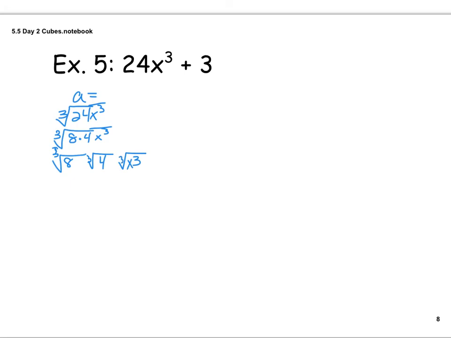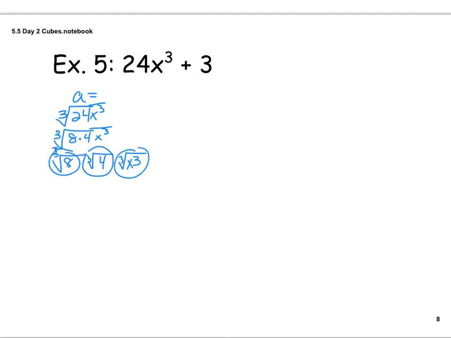All right, so what I'm going to do is leave that cube root of 4 right there as part of my answer. I can pull out a 2 from here, and I can pull out an x from here.